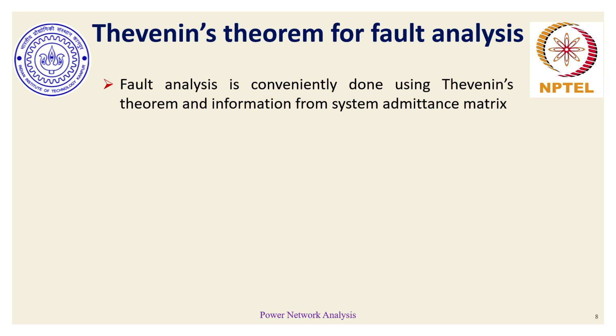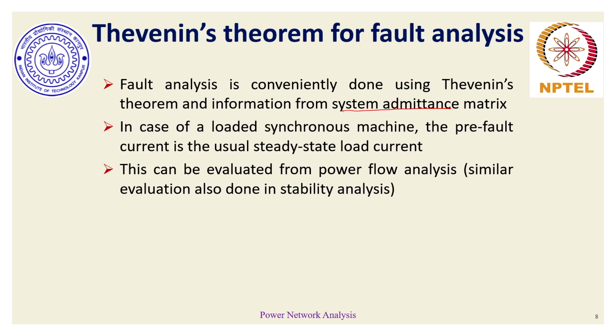It can easily help in doing fault analysis by extensive use of the system admittance matrix or impedance matrix, basically Y bus or Z bus. And in case we have a network where the machines would usually be loaded, the pre-fault current would be the usual steady state current, which can be obtained from the power flow analysis.